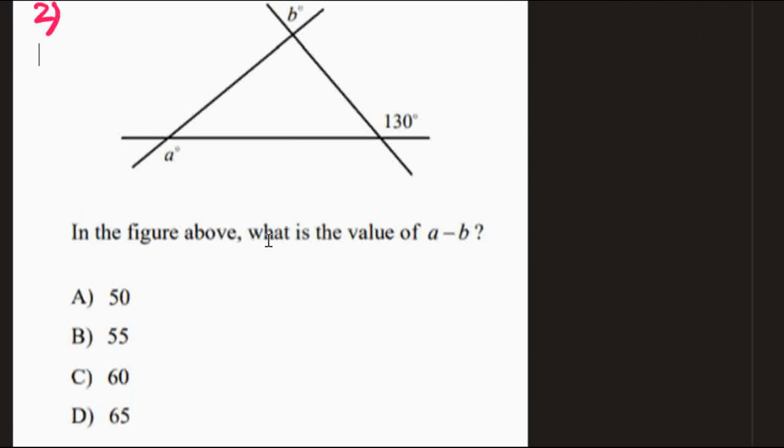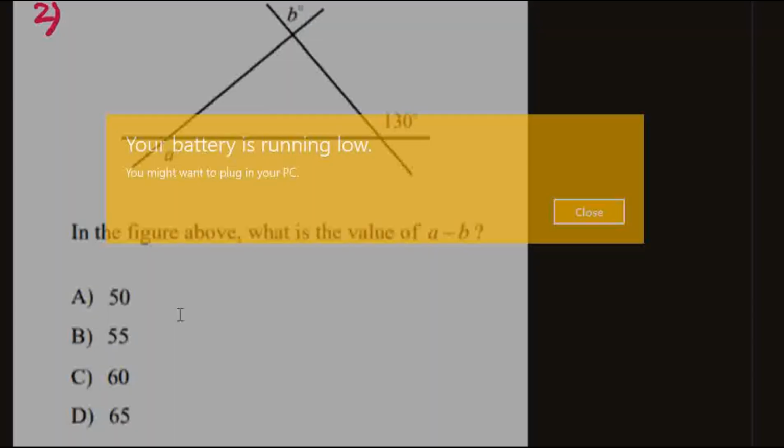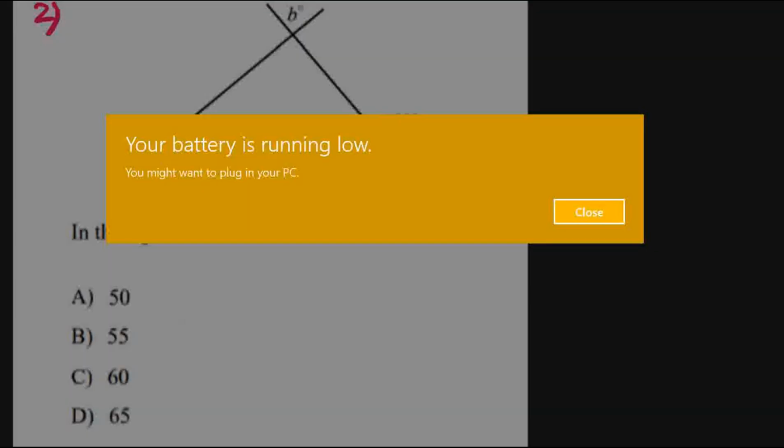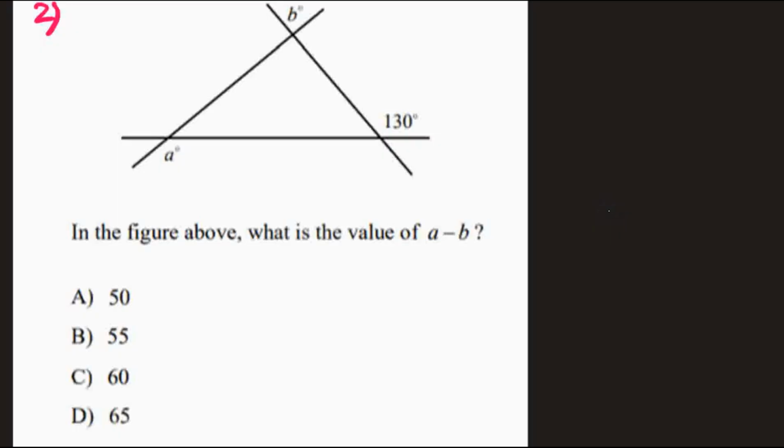In the figure above, what is the value of A minus B? And here we see that, since this is a straight line, this will be a vertically opposite angle.